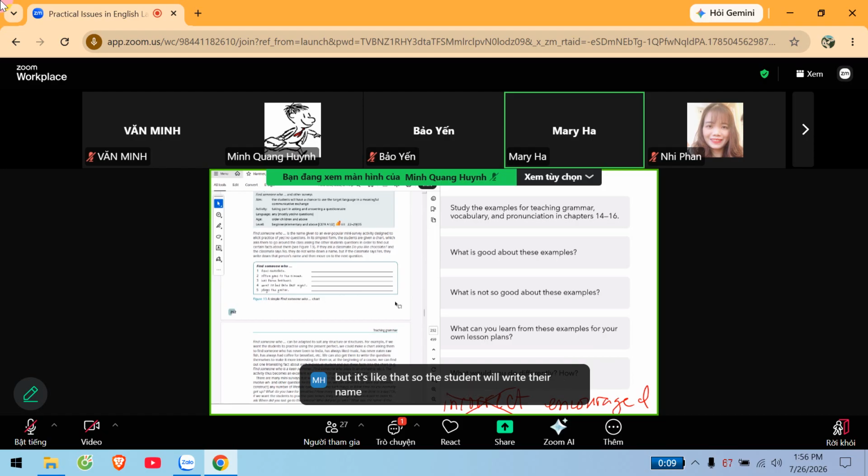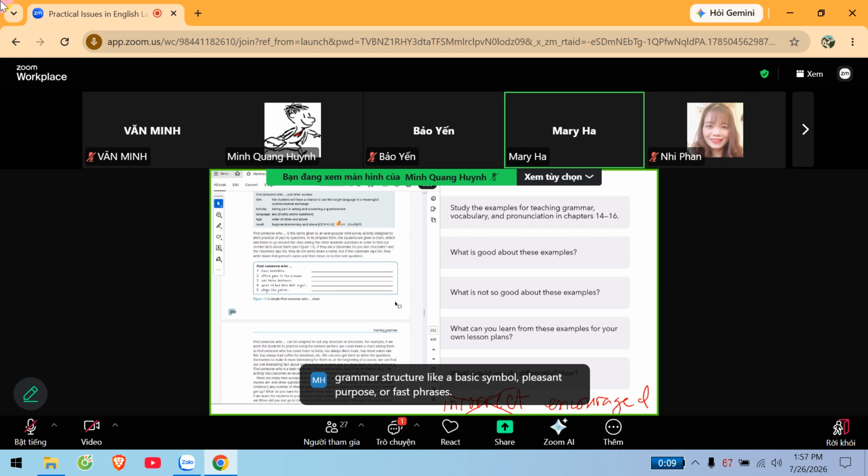So this example, I feel, is interesting because it turns a repetitive grammar drill into a communicative, interactive game, so that the students can actually walk around and talk to each other. They are highly adaptable to any grammar structure like present simple, present perfect, or past tenses.